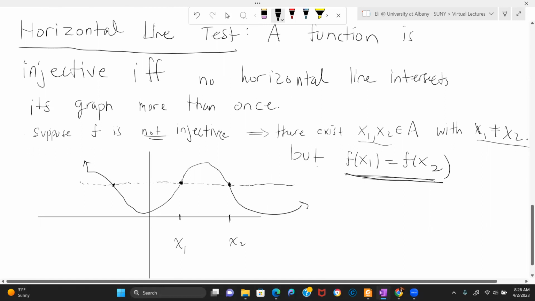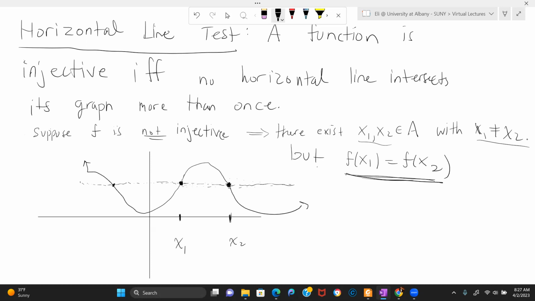Now, conversely, suppose I give you a graph like this, and there's a horizontal line that intersects at 2 points. We want to conclude it's not injective, and it's clear because if this horizontal line intersects at two distinct points, that means you can find x1 and x2. And since this is a horizontal line, the y coordinate is the same, right? When you look at a horizontal line, the y coordinate is constant.